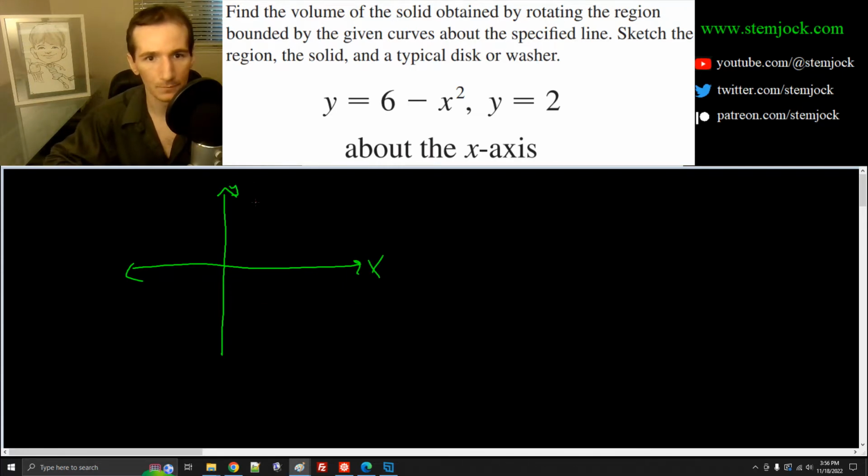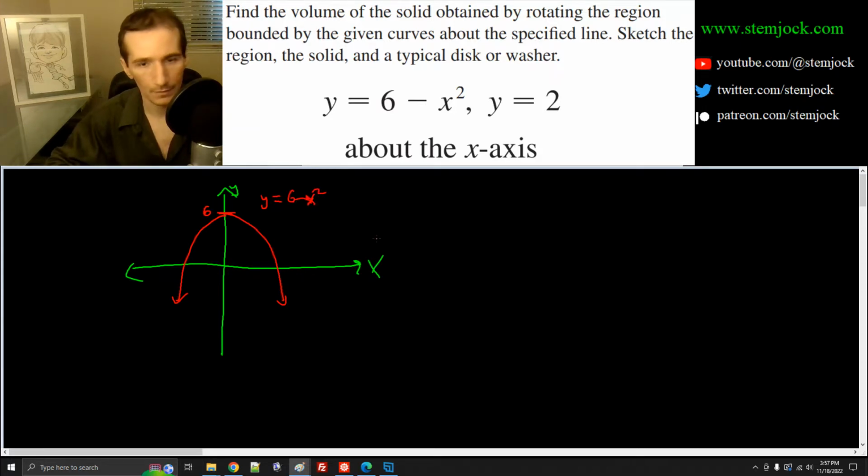All right, first up is y equals 6 minus x squared. That is a parabola that opens downward. The highest point here is 6. Y equals 6 minus x squared. Next is y equals 2.